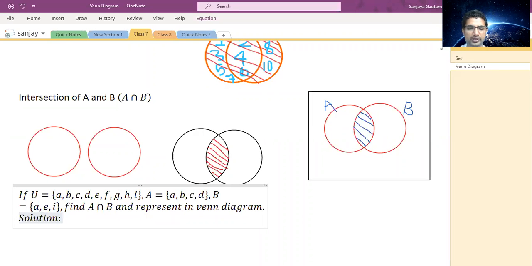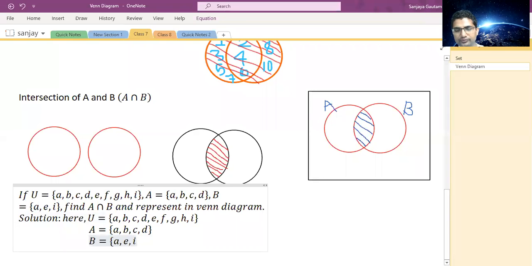Solution. Here U is equal to how much? A B C D E F G H I. Okay, and A is equal to how much? A B C D. A is equal to this much. B is equal to how much? A E I. Is it?